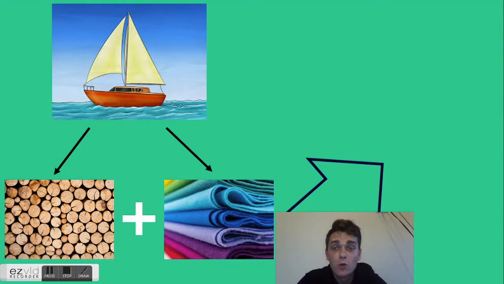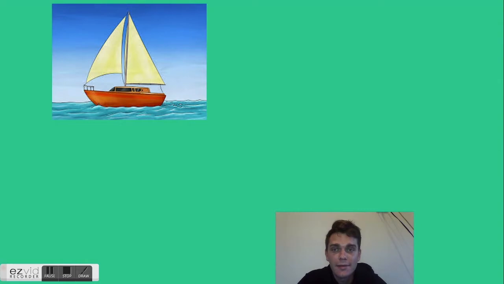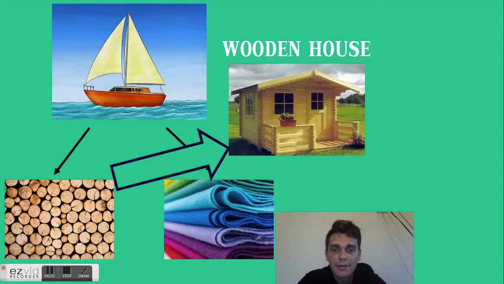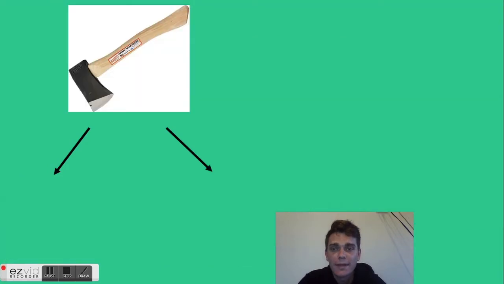We can take wood and fabric and make a new object. Sofa. What is it? From wood we can make a wooden house. Repeat after me. Wooden house. And from fabric we can make curtains. Repeat after me. Curtains.